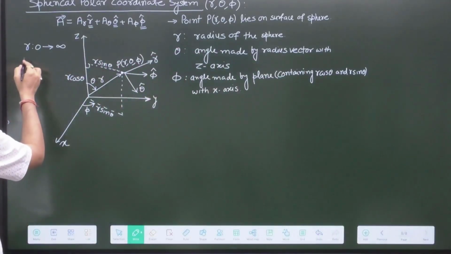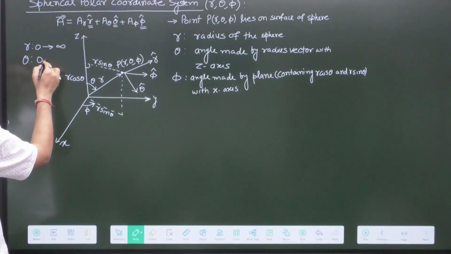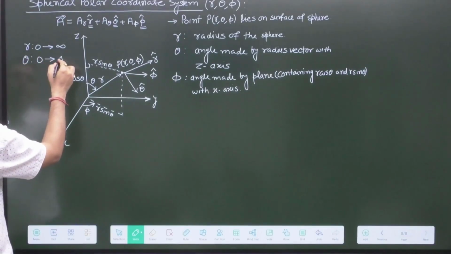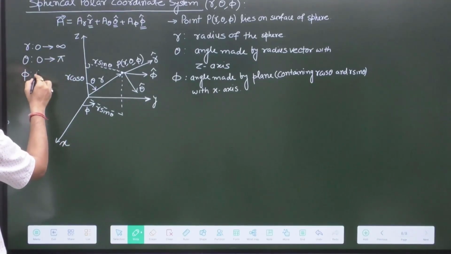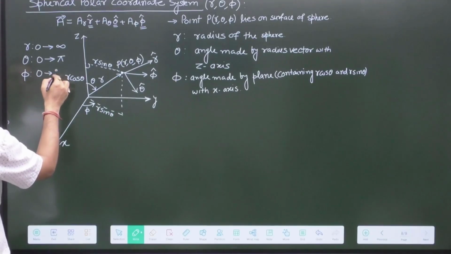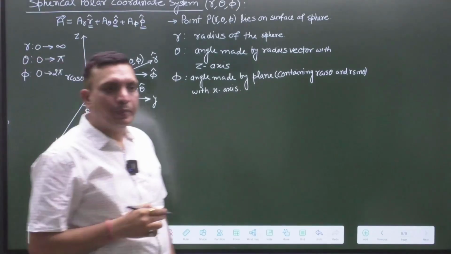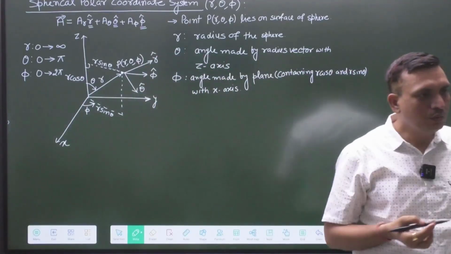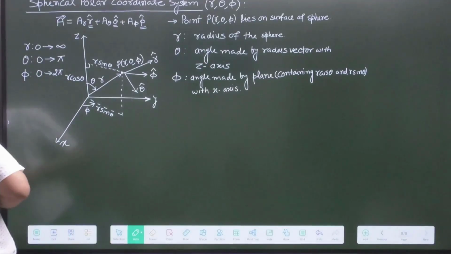What about theta? Theta varies from 0 to pi. What about phi? 0 to 2 pi. Phi 0 to 2 pi, but theta 0 to pi. Why theta 0 to pi, not 0 to 2 pi?